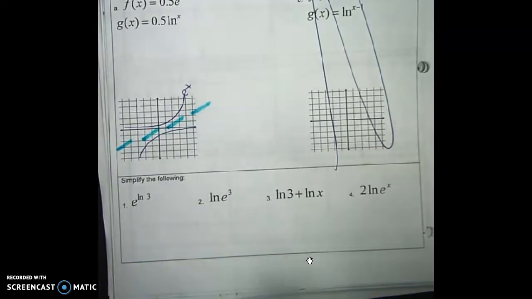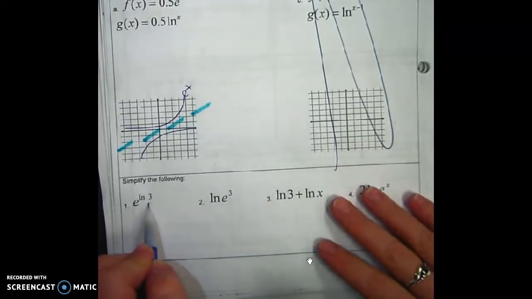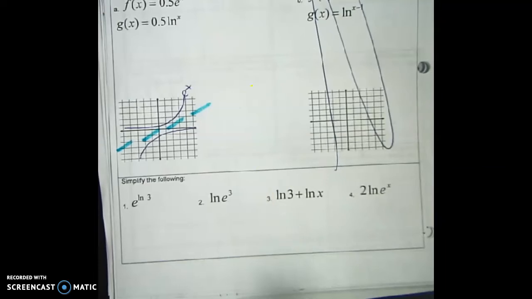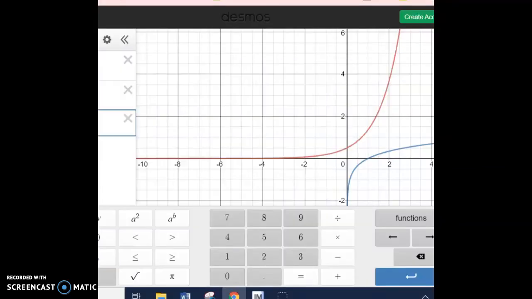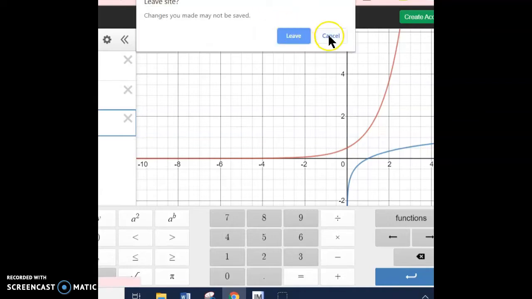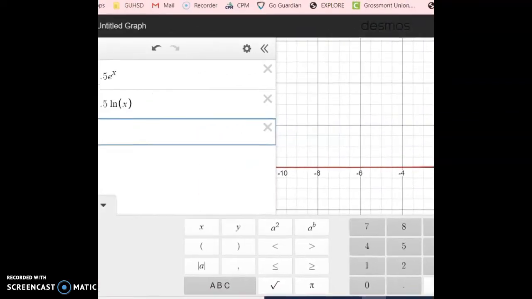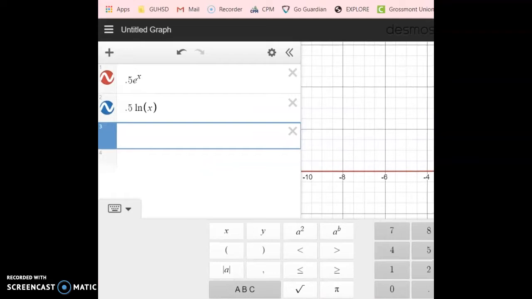Obviously if I put this in the calculator, you would see it. Let me put that in the calculator so that you can see it. Let me go back over. You would type E, and then you would go to functions, which you can't see, then miscellaneous, which is natural log.